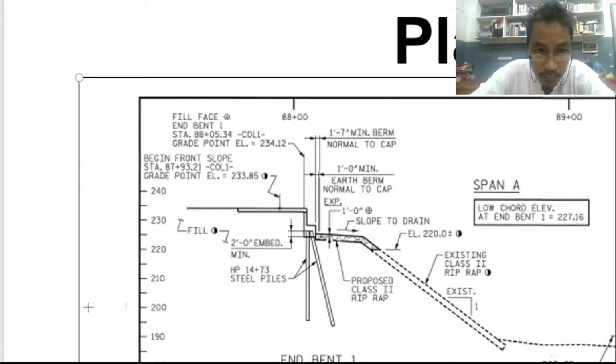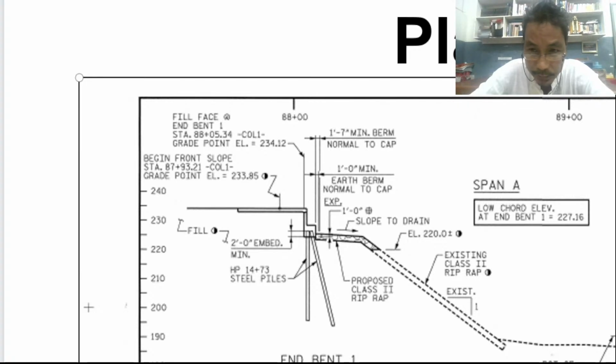So 87 plus 93.21 therefore is to the left side of station 88 plus 5.34. So that is the comparison of the measurement, and we can immediately subtract the difference between these stations for us to be able to determine the exact distance. So there is an exact distance.